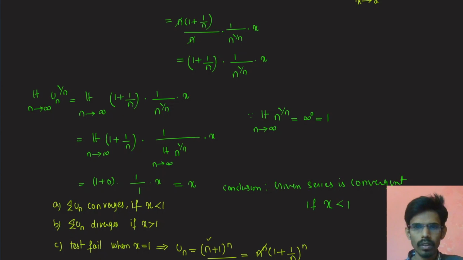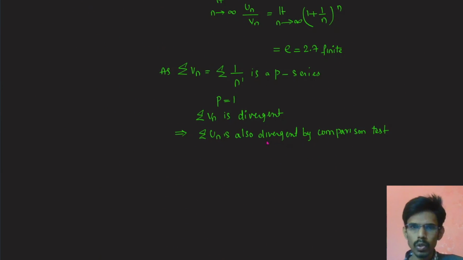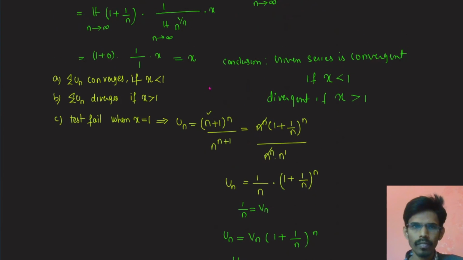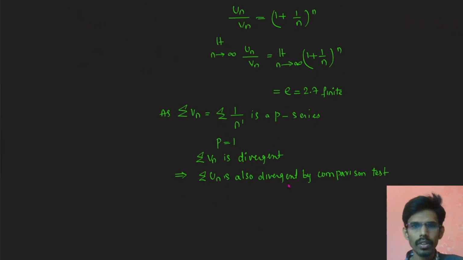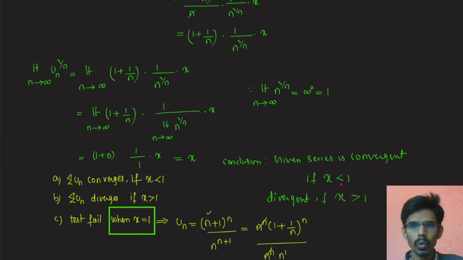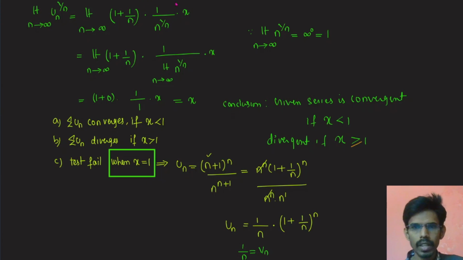The given series is divergent if x is greater than 1, and by this test failure it is also divergent for x equal to 1, right? See here, for x equal to 1 also the series is divergent, so we include the equal to sign here. So this is the answer for this question.